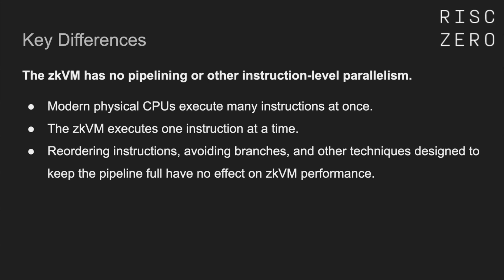Modern CPUs are almost always doing multiple operations at once. The zkVM executes one instruction at a time. And so reordering instructions, avoiding branches, and other techniques designed to keep the pipeline full have no effect on zkVM performance.